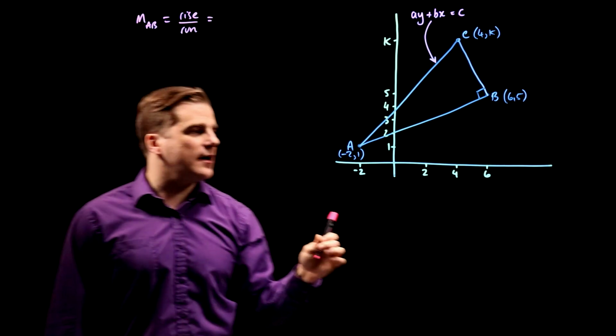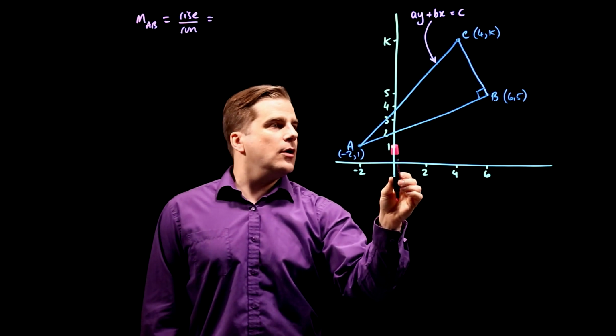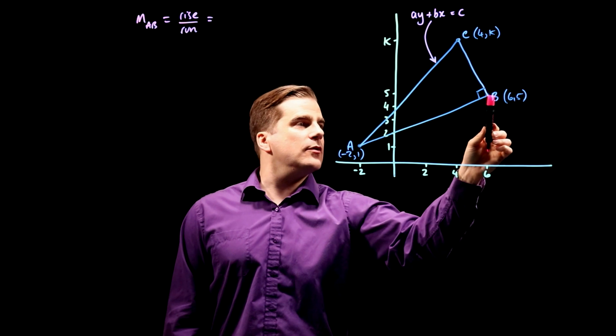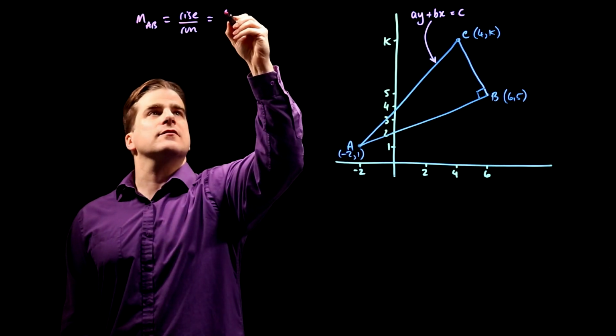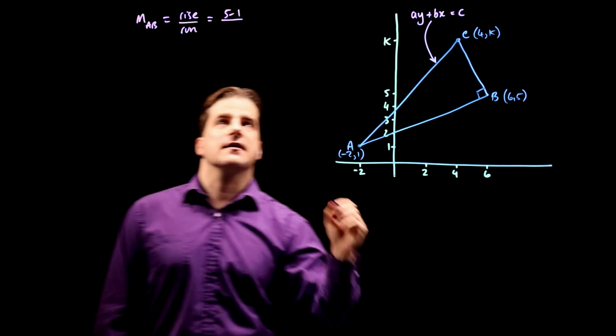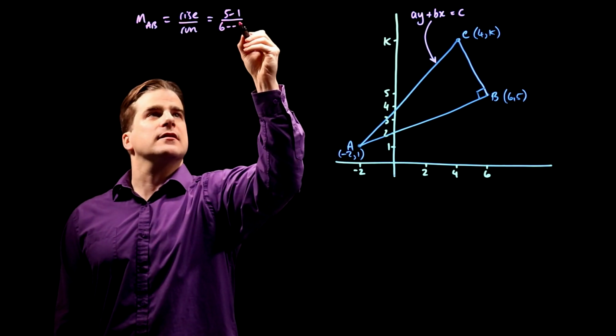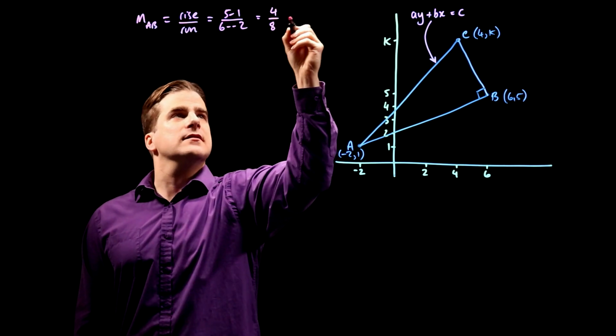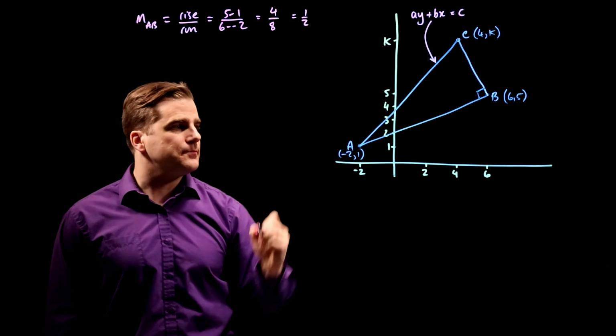which is, the rise is, well, it goes from there to there, 1 to 5, so that's 5 minus 1, and the run is from -2 to 6, so that's 6 minus -2, which is 4 over 8, which is a half, okay?